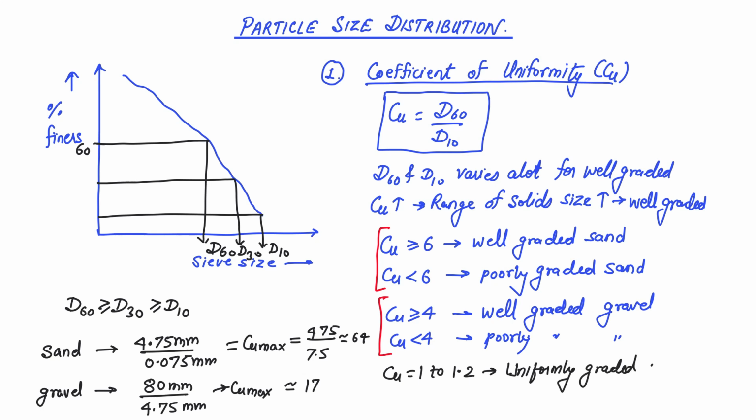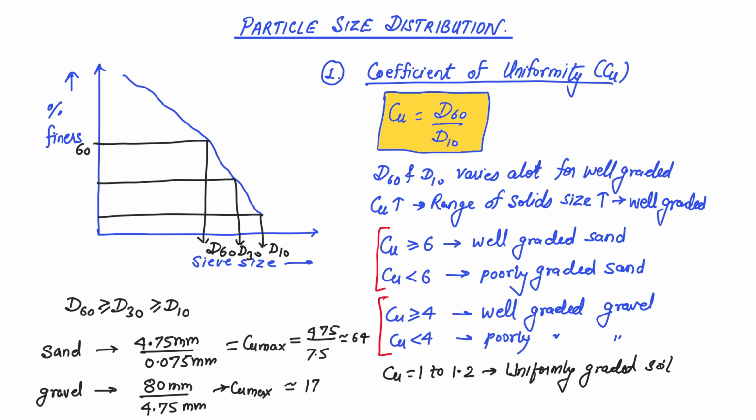So now you understand why it is known as the coefficient of uniformity, because it is actually telling us how uniform our soil is. So if the value of Cu is more, the solid range is more, but if the value of Cu is less, then it is indicating that the soil has only a smaller size range of the solids.